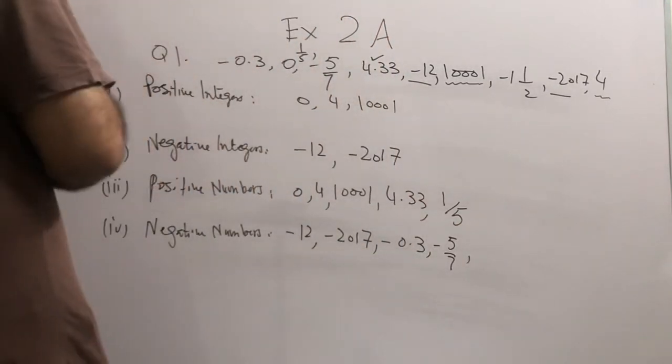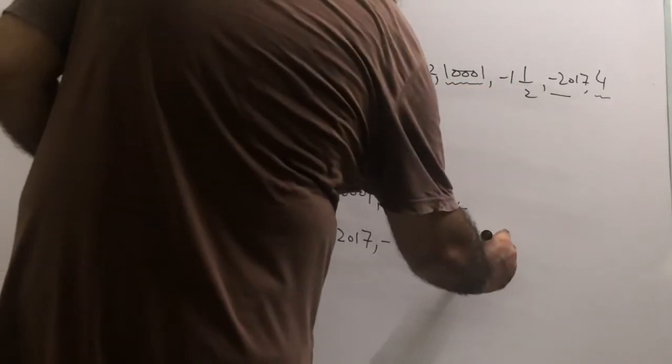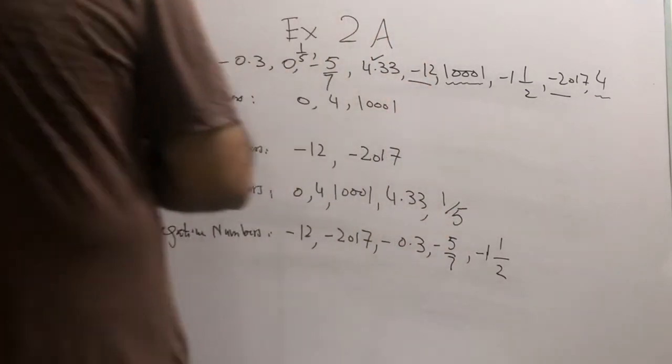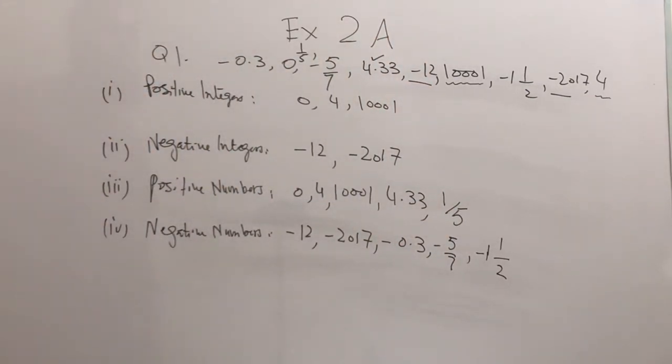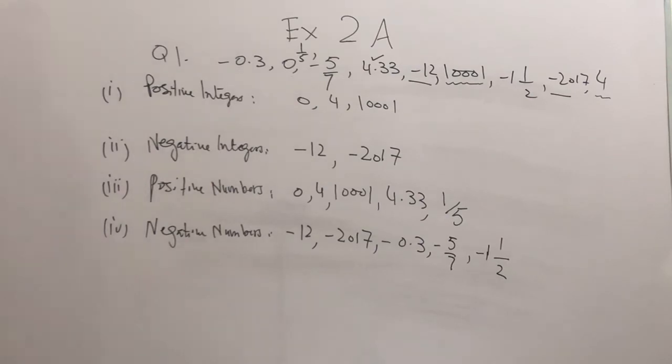Then moving forward, we see minus 1 whole number 1 over 2. By this way we can say that negative numbers are minus 12, minus 2017, minus 0.3, minus 5 over 7 and minus 1 whole number 1 over 2.